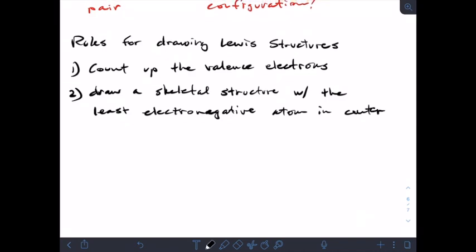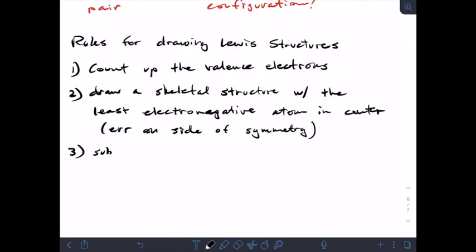Now, err on the side of symmetry. Draw something symmetrical if you can. That's usually going to get you to the right place. It's very, very rare that you'll draw something that's not symmetrical.